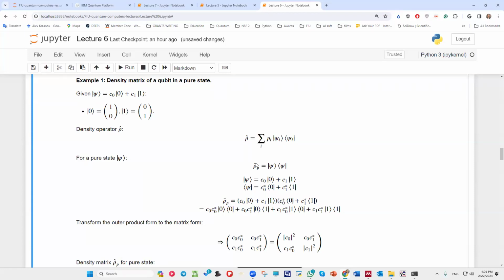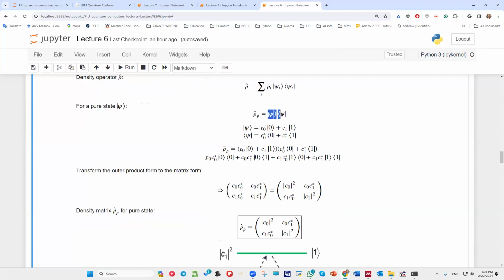For the pure state, we have only one term here, this one. Then we substitute for the bra and ket vectors the following most general states of a qubit in this formula. After simplifying and some algebra, we get an expression like this, which is written in the outer product representation.